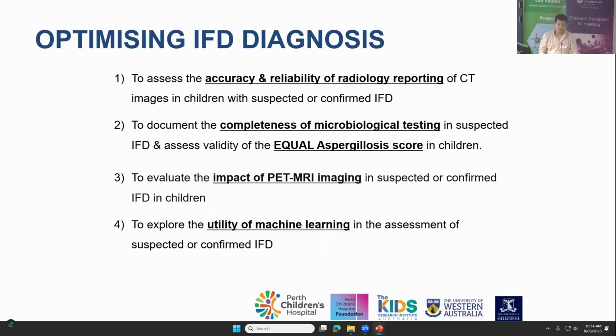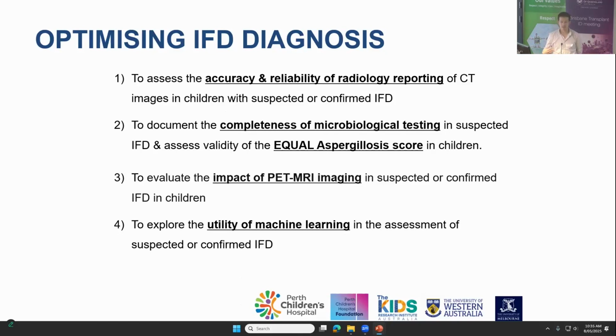Very quickly, in terms of what we're moving on to look at, as I said, we're looking at a larger assessment of the reliability of radiology reporting, including some negative and possible cases, not to put our radiologists under the spotlight, but to help us understand how much we can rely on these radiology reports.